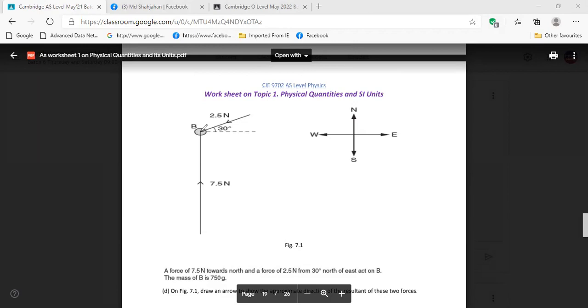So we will apply the parallelogram rule here. How? We will extend it this way, and also we can extend this arrow.